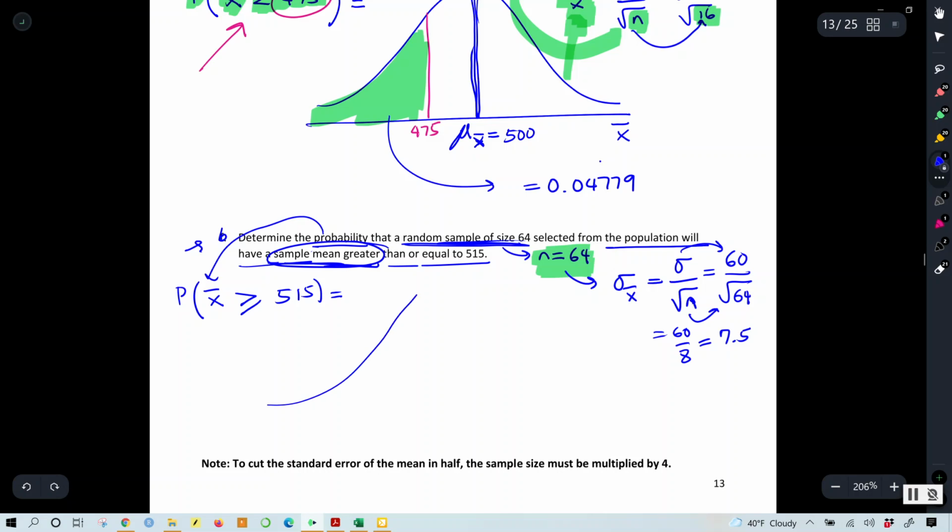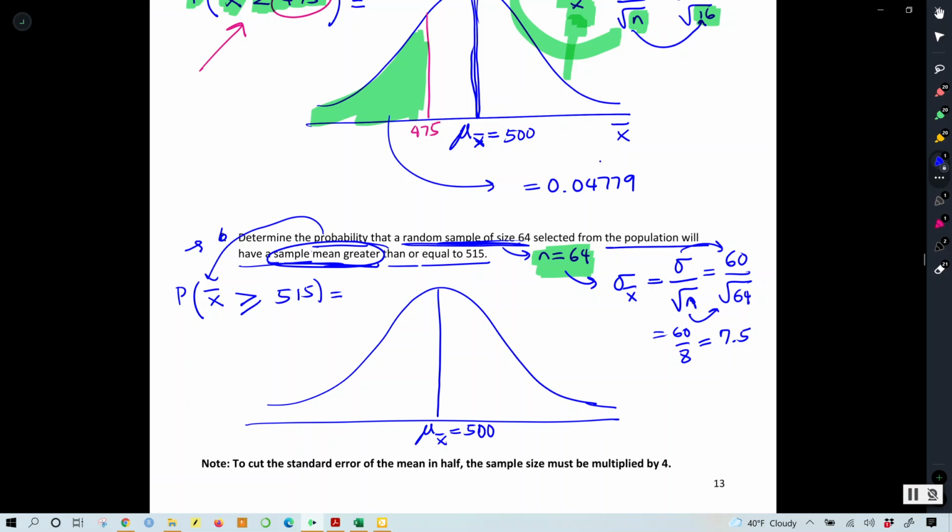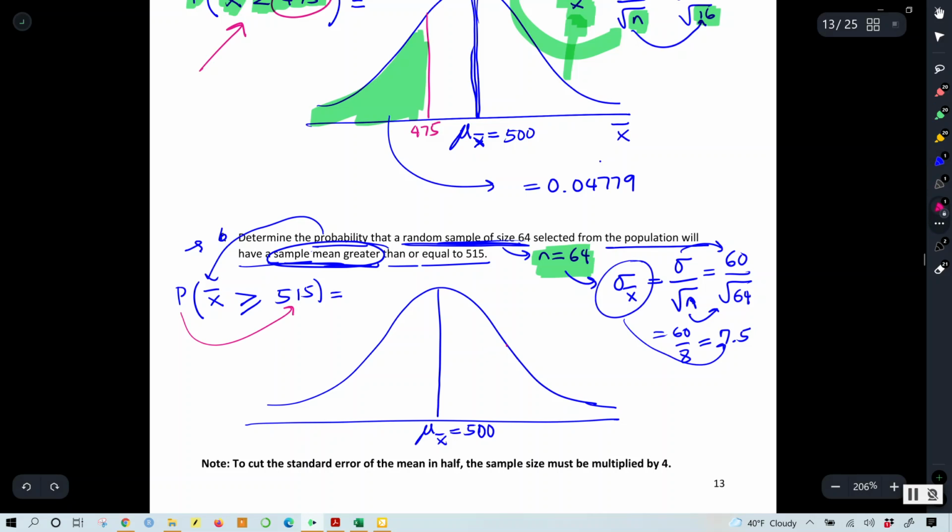I know this is going to have a normal distribution since the parent population is normal. So I have the mean x bar equals 500 as usual. And the standard error is 7.5 this time. And I would like to find probability connected with 515.